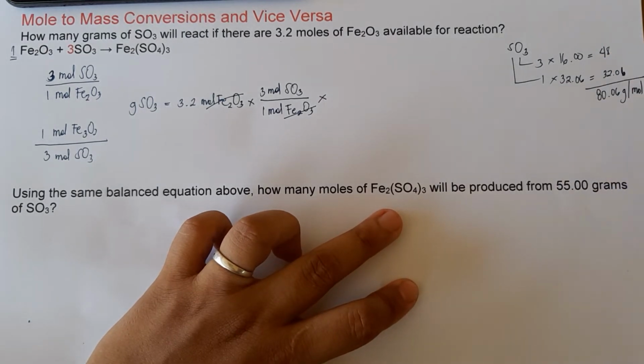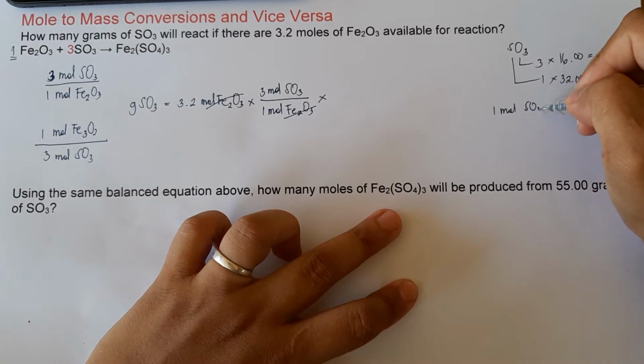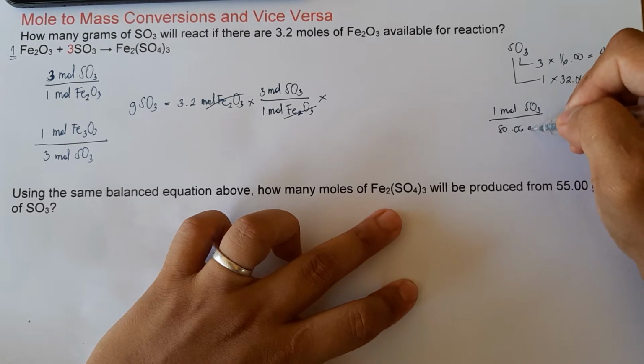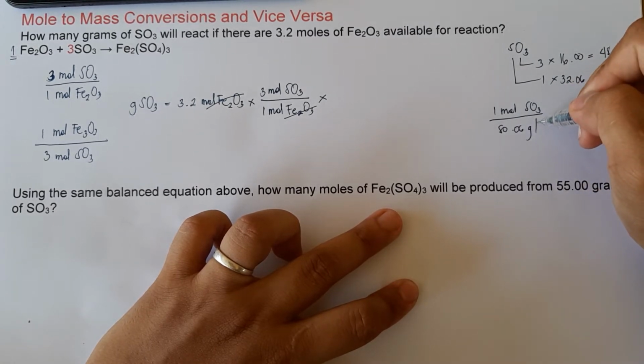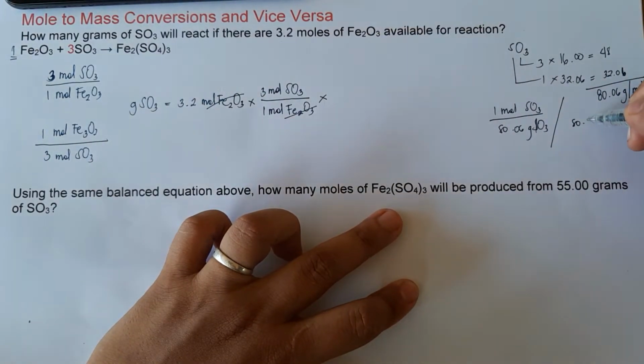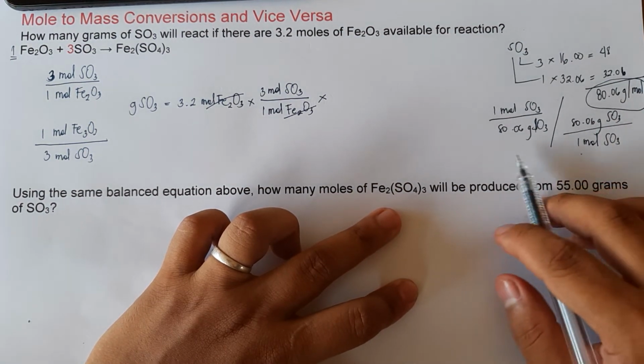Or, pwedeng ganito, pwedeng 1 mole of SO3 over 80.06 gram of SO3, or pwede rin naman na 80.06 gram SO3 over 1 mole SO3. Ito pong value na ito, tsaka itong dalawang ito, parehas lang sila.